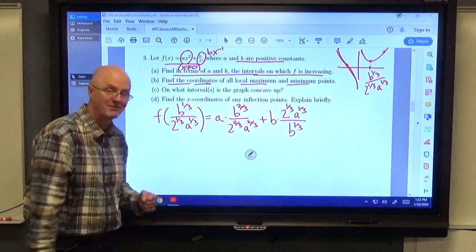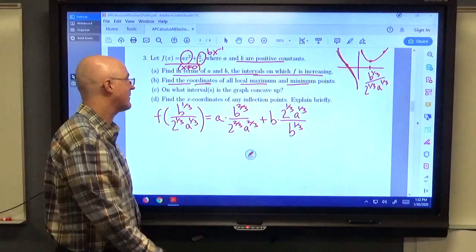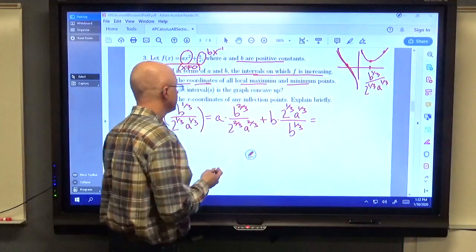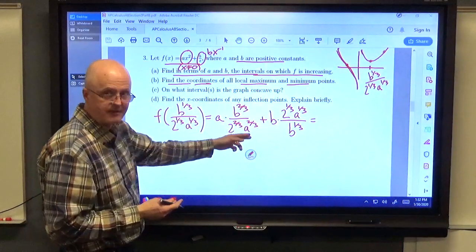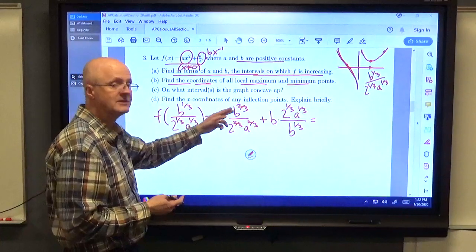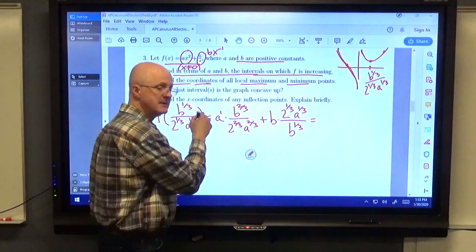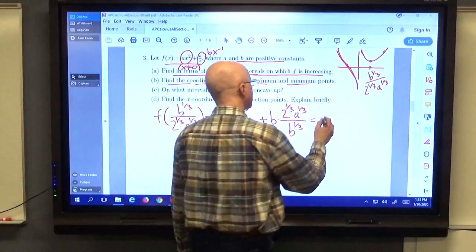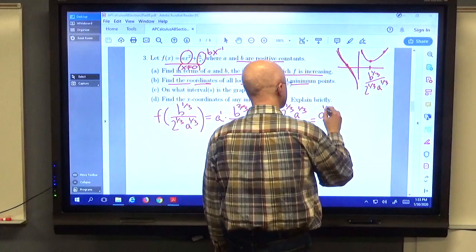Technically, that is the second coordinate. And it doesn't say to simplify it, but let's go ahead and simplify it anyway just to get some practice with it. We do get some cancellation. A divided by a to the 2/3 is a to the first divided by a to the 2/3. You'd subtract the exponents. 1 minus 2/3 would be positive 1/3. You're going to have a to the positive 1/3 on top.